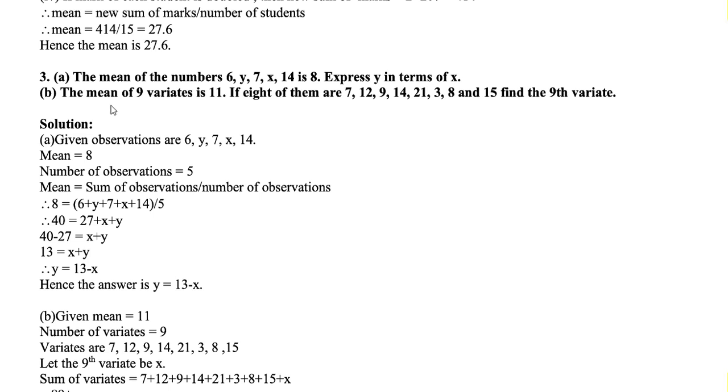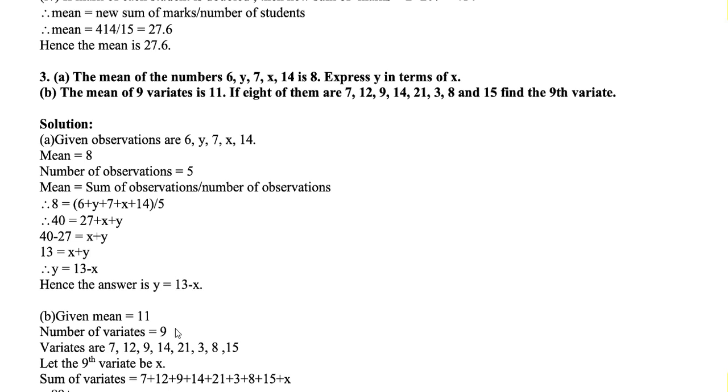Come to the next question. The mean of 9 variates is 11. If 8 of them are 7, 12, 9, 14, 21, 3, 8 and 15, find the ninth variate. So how to calculate?